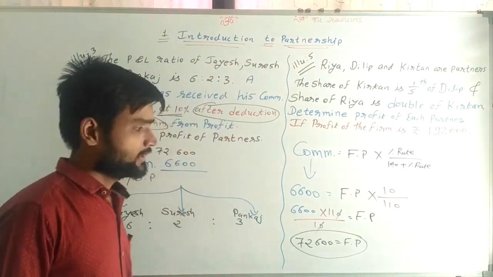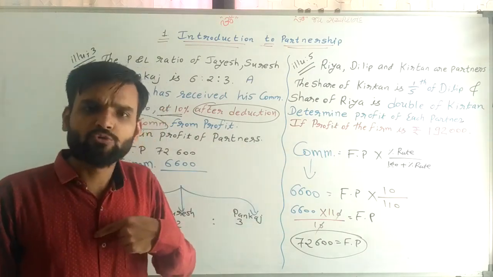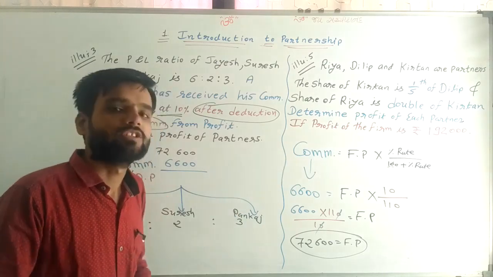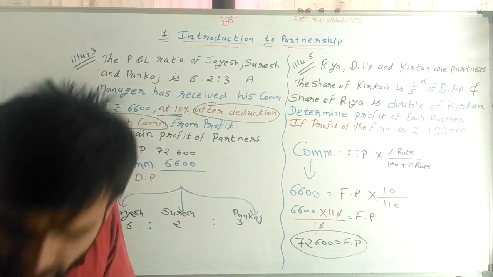Now, sir, I don't want to use the first formula. I want to use the second formula. How? We can use the second formula also. I am clearing the board.